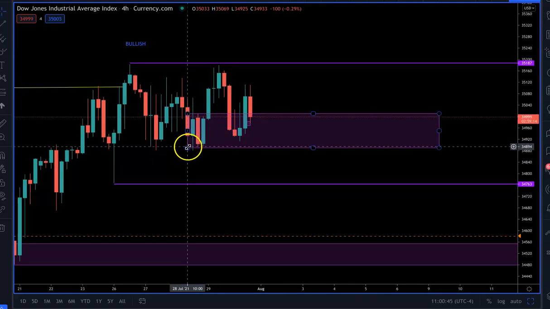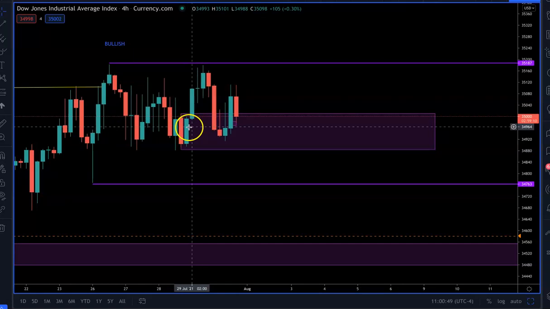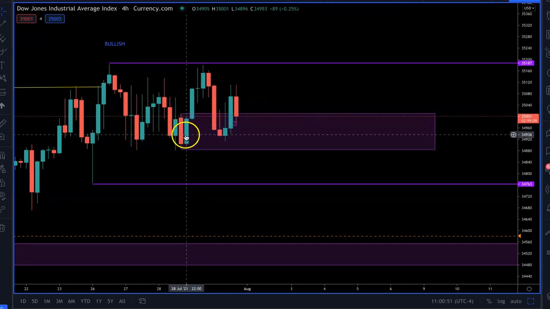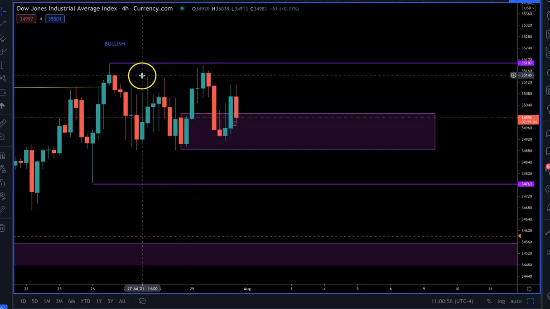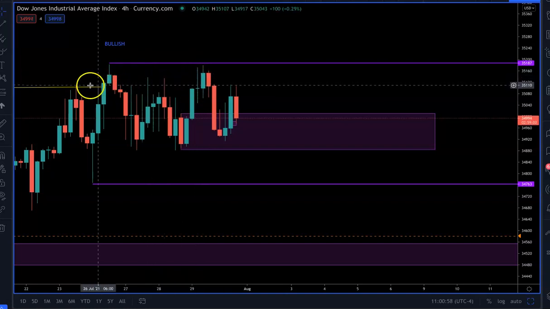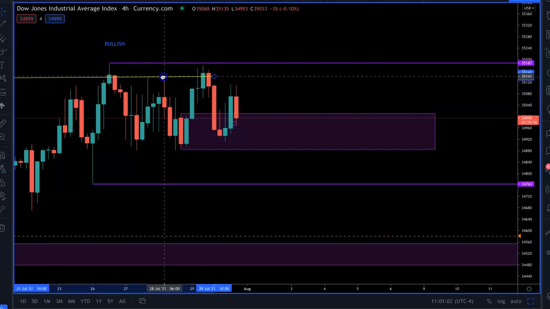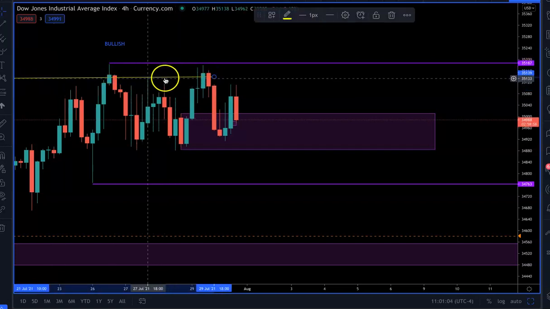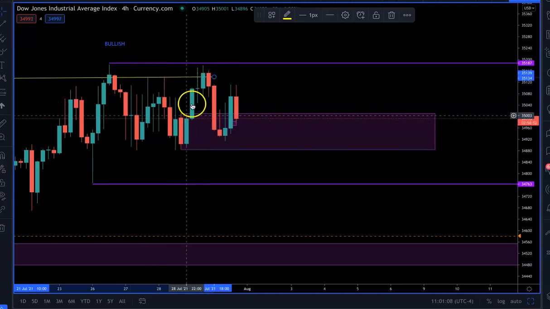Let's draw this a little clearer. This red candle here. We have a push up here. We broke structure here. So let's just drag this over. We broke this structure here. So this confirmed this order block.